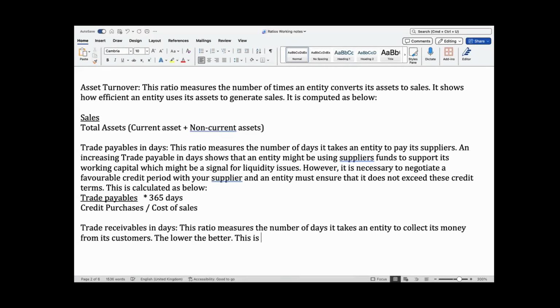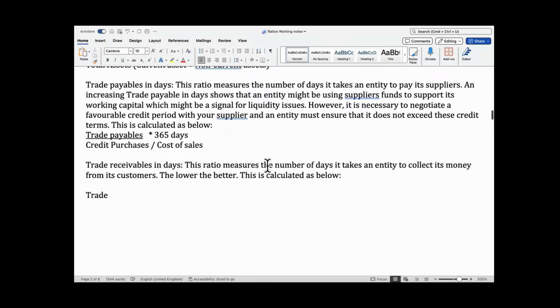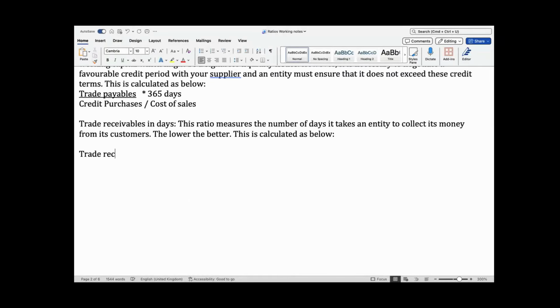And this is calculated as trade receivables over credit sales. You will not see credit sales in the question, usually you won't find it. You just use your sales. If you don't find it, just use your sales as it is. Don't start looking for credit sales up and down.